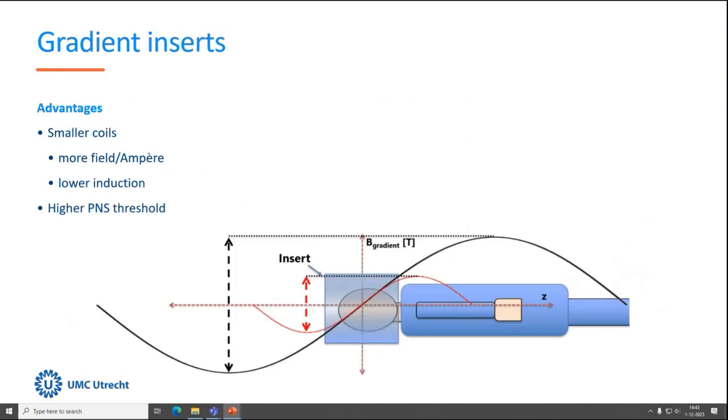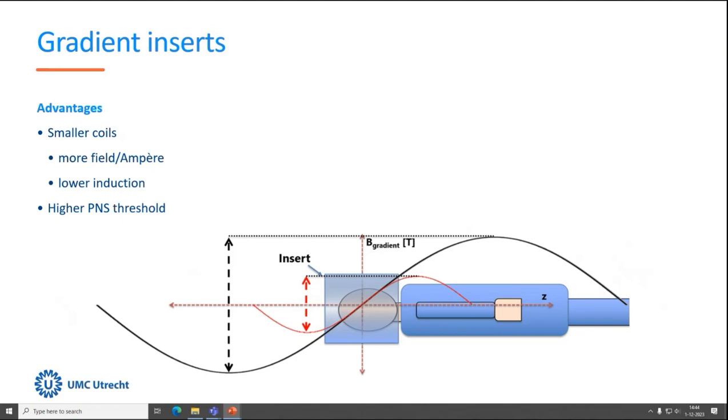Let's keep going. So now we go to the work we've been doing. One way to mitigate this: we cannot get more power from the amplifier, so we have to do something in the design to be able to go to faster and stronger gradients. What we do is make smaller coils, okay? That means you can generate more field per ampere. Generally, they're more efficient, so for the same amount of current put through, we get more field.